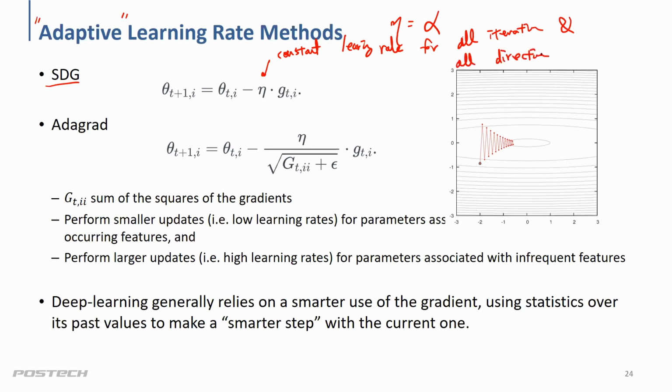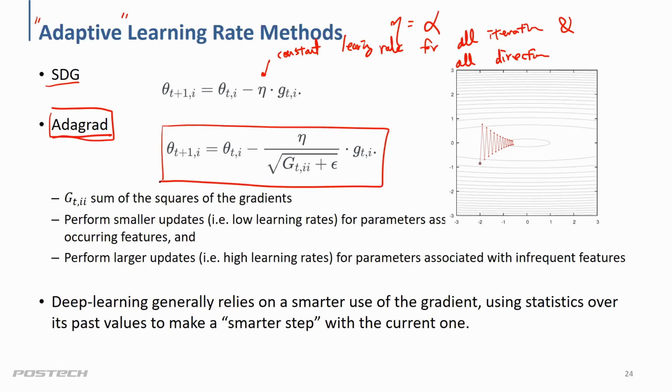I'm talking about temporal and spatial things at the same time. And there are some other methods, like AdaGrad, and this is the rule for the update.